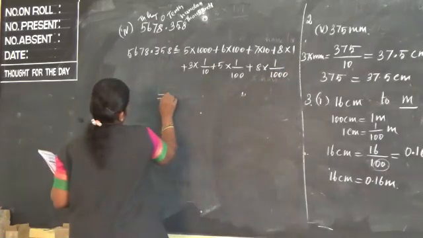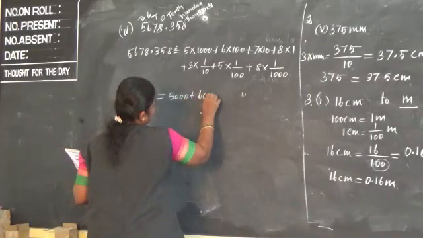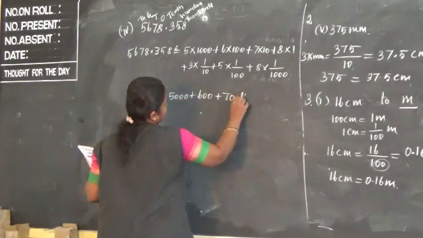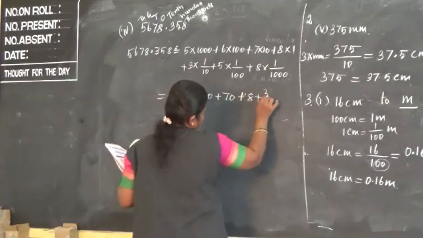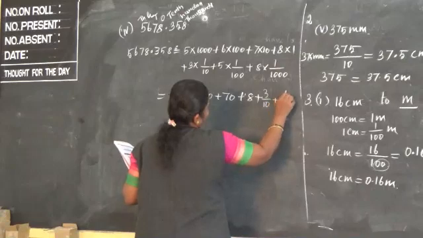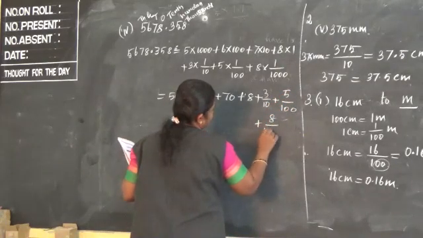So 5000 plus 600 plus 70 plus 8, plus 3 by 10 plus 5 by 100 plus 8 by 1000.